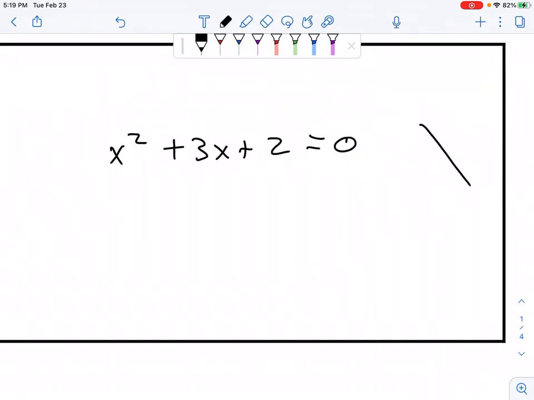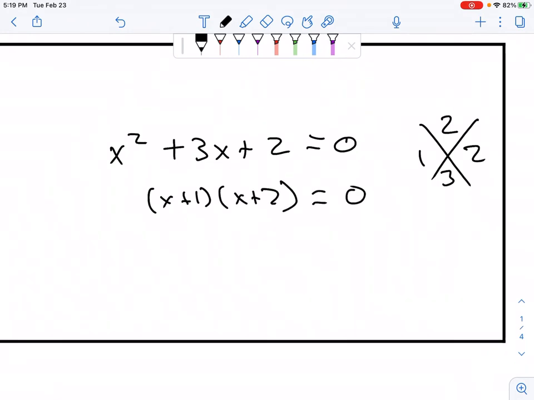And we've learned different strategies, right? It's a trinomial, 2 and 3, so 1 and 2, right? And so it's x plus 1 times x plus 2, and those multiply to make 0, and then you would split that to find the value of each x here. This is just review of what we've done, right?